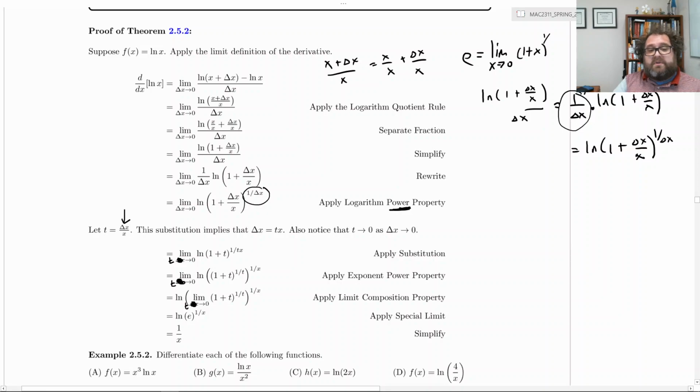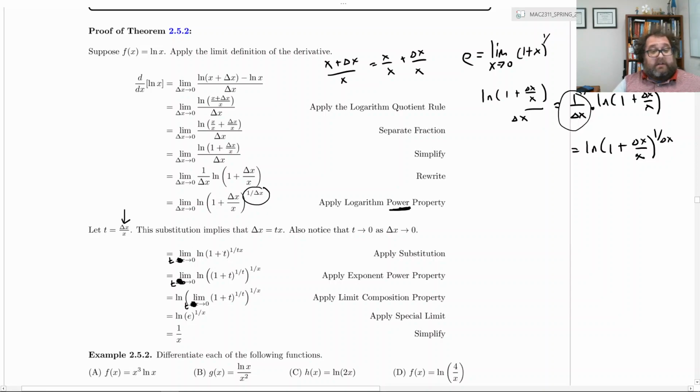Well, if t equals delta x over x, then if you multiply both sides by x, you get delta x is t times x. That's where that 1 over t times x comes from. Okay? So now we change over. We're now taking the limit as t goes to 0. We apply the substitution, and now we have this new limit to work with.